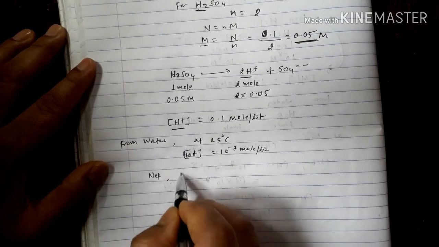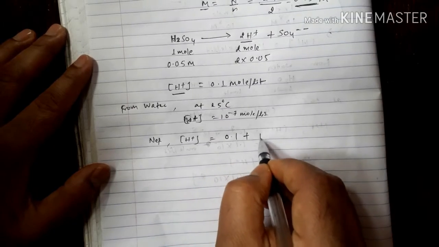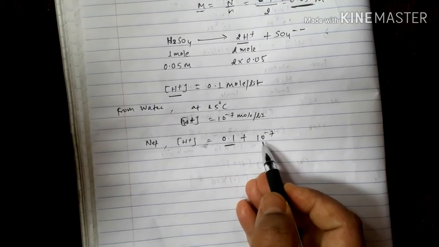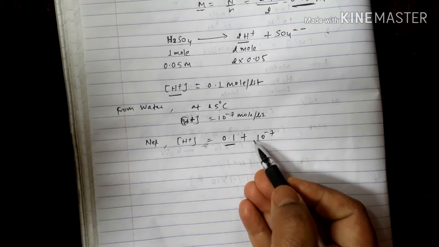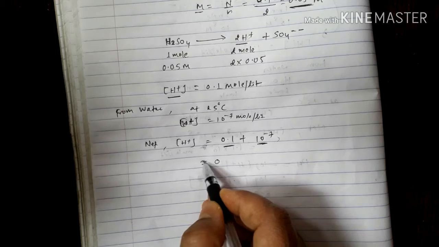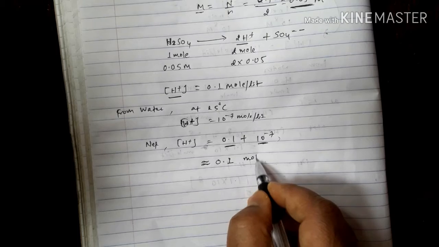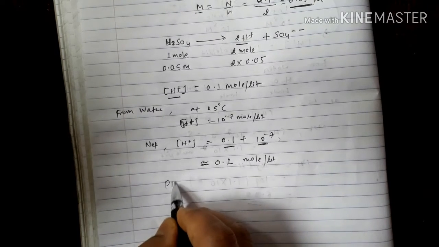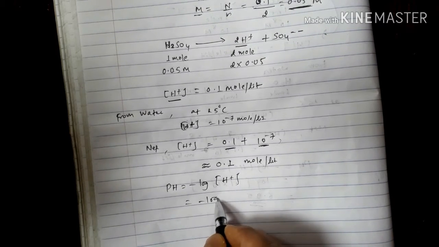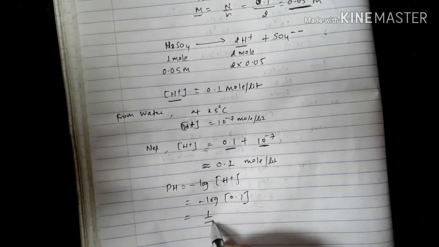Therefore, the net concentration of H plus becomes 0.1 plus 10 to minus 7. Now here, 0.1 is very much higher than 10 to minus 7. That's why you can neglect this value. Therefore, the net value is almost equal to 0.1 moles per liter. Now from the pH formula, minus log hydrogen ion concentration, minus log 0.1, this value will be 1.